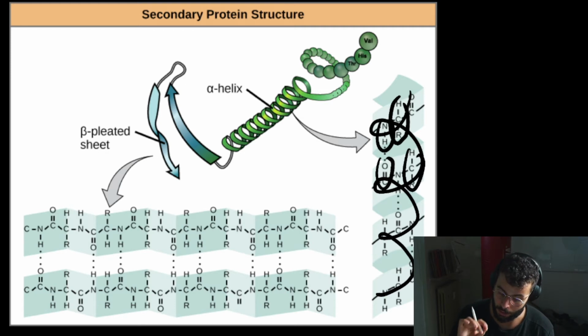Just remember for now that in order to reach the most stable state, we need to create the most interactions within each other. This is the most favorable state to reach.